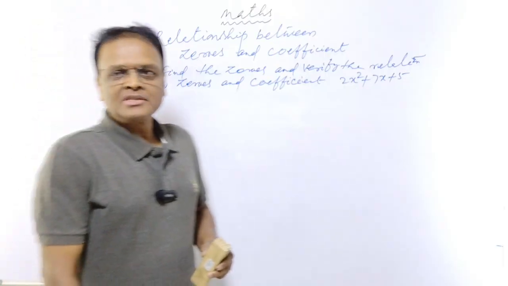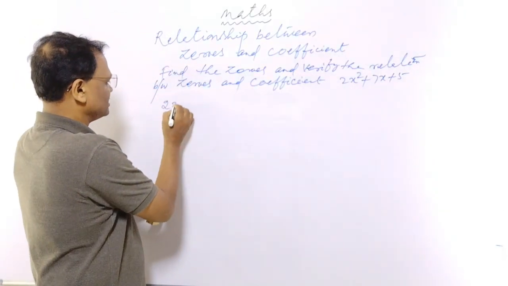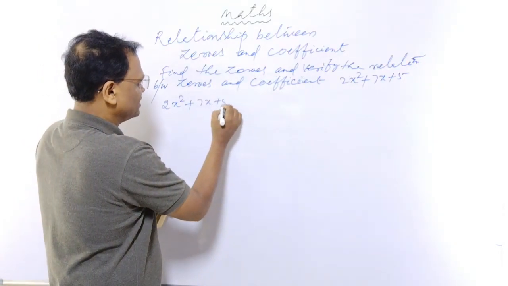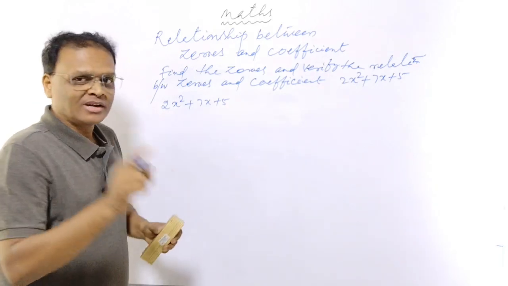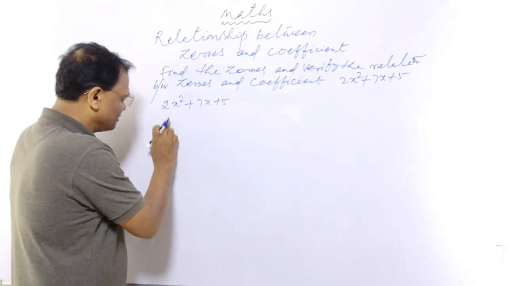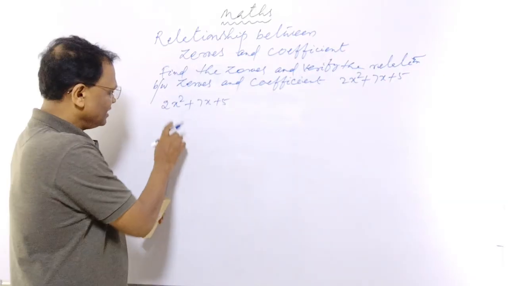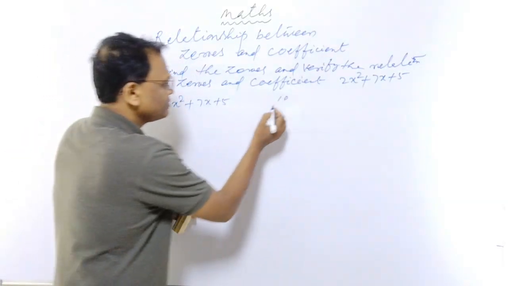So my first attempt is I have to find out the zeros of the polynomial 2x square plus 7x plus 5. What is the first step I told you? The first step, you just multiply the coefficient of x square and the constant. 2 5s are 10.